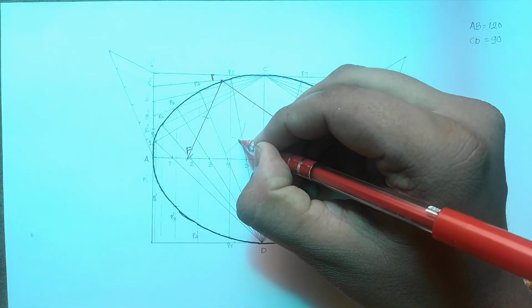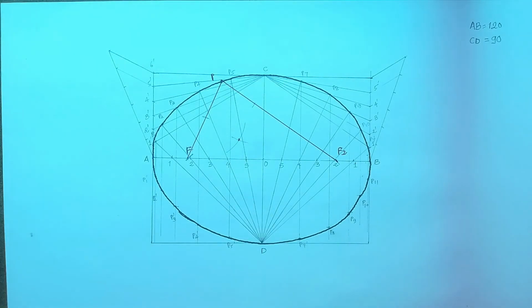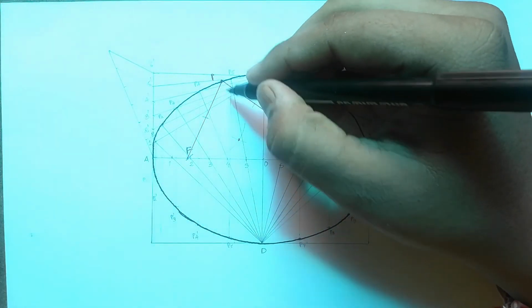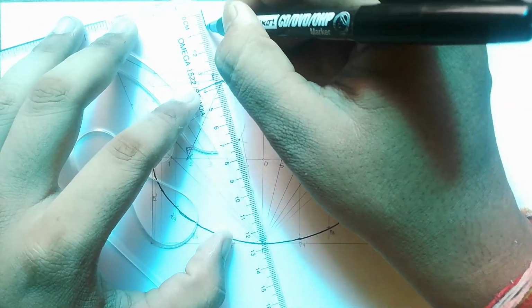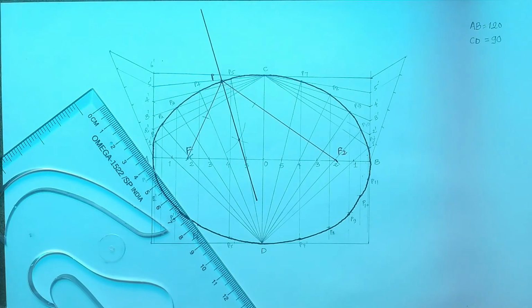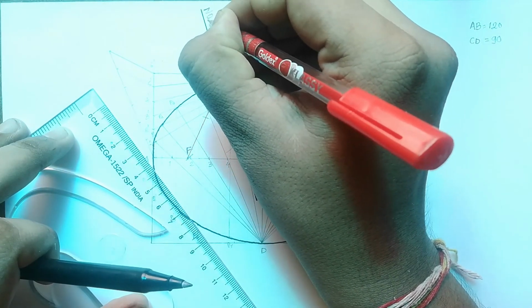Now this is the intersection that you have received. From that intersection, you need to connect point P with this intersection, and this line will give you the normal of the ellipse. So this line is the normal.